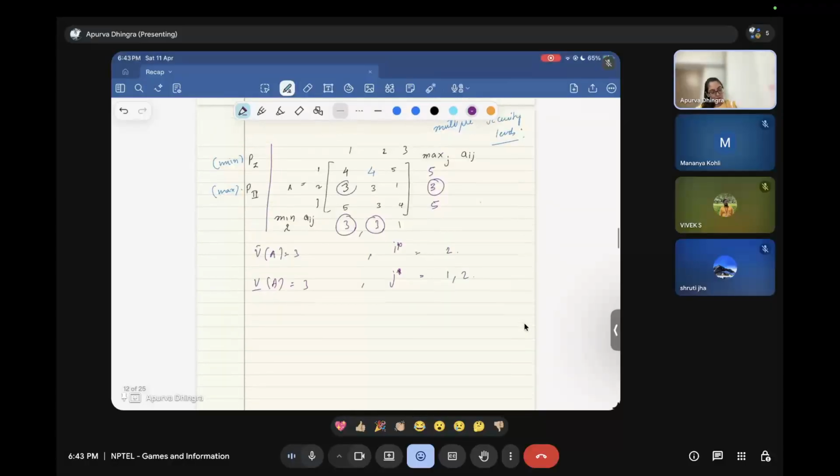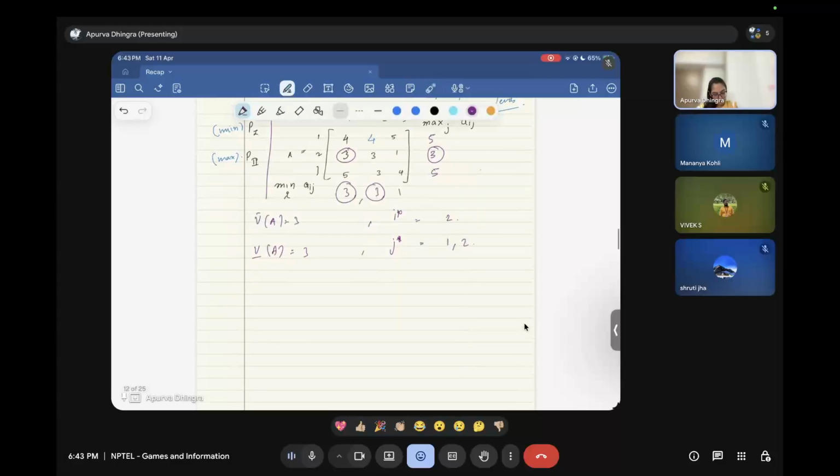This one is a saddle point, we already know that. We just need to verify if this is also a saddle point. Comparing with the fixed row, this is the highest possible value because it's equal to another value, and from here this is the lowest possible value. So this is also a saddle point.